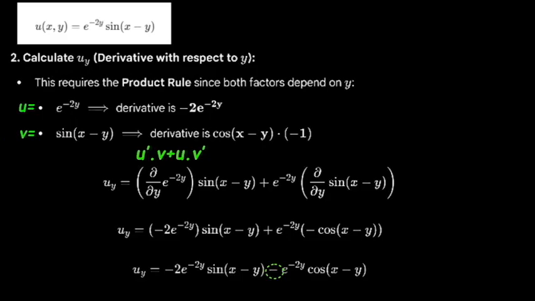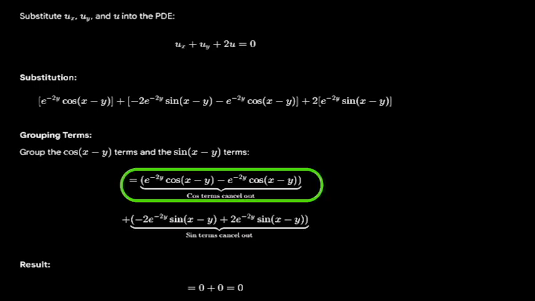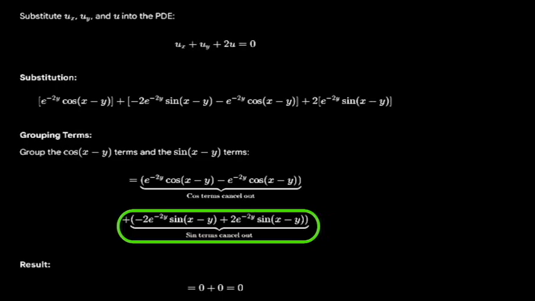So now, finally, we can substitute in the PDE and see if it is going to be correct. The value of ux is e raised to negative 2y cos(x minus y), then plus uy, which we have just found here. If you substitute, you're going to get that this term and this term cancel out, and this one and this one cancel out. So that verifies our PDE.